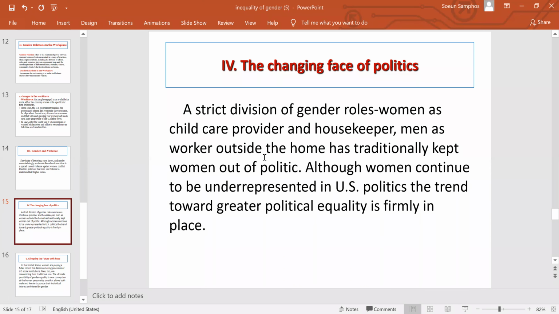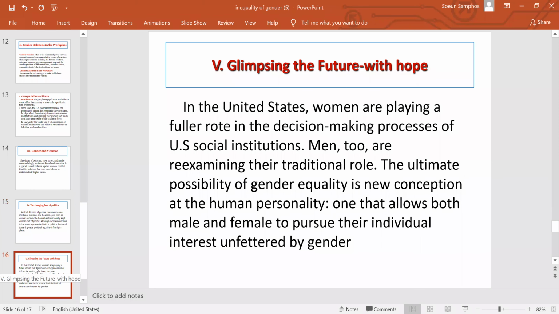The changing face of politics. A strict division of gender roles, with women as child care providers and housekeepers and men as workers outside the home, has traditionally kept women out of politics. Also, women continue to be underrepresented in U.S. politics. The trend toward greater political equality is firmly in place, glimpsing the future with hope.